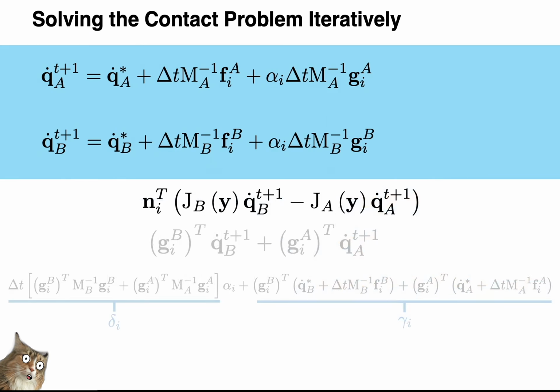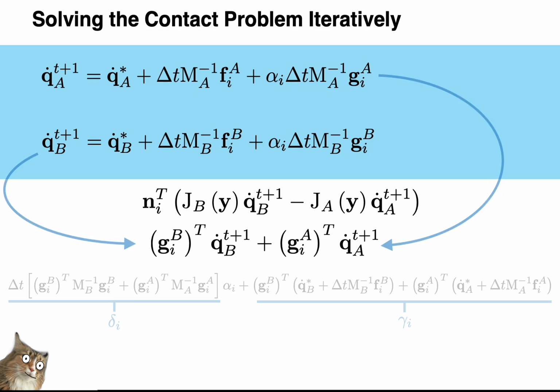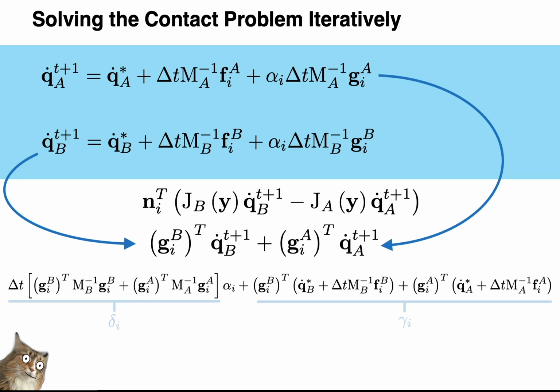The key term in both constraints is our linearized distance measure. First, we note that we can simplify this equation by introducing our g vectors, which are equal to the Jacobian transpose times the signed contact normal at the ith contact point. Direct substitution into this equation yields the following horrific output.